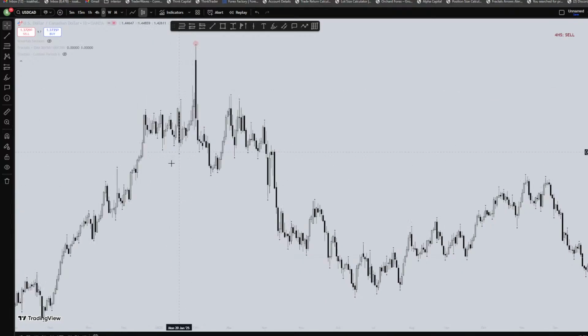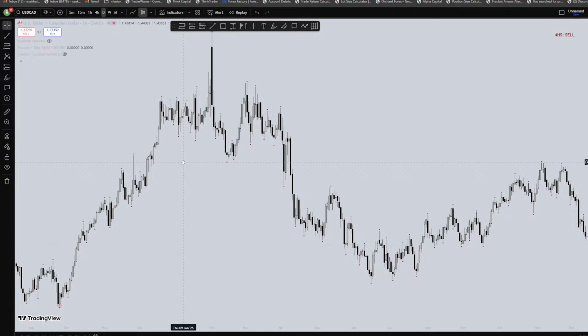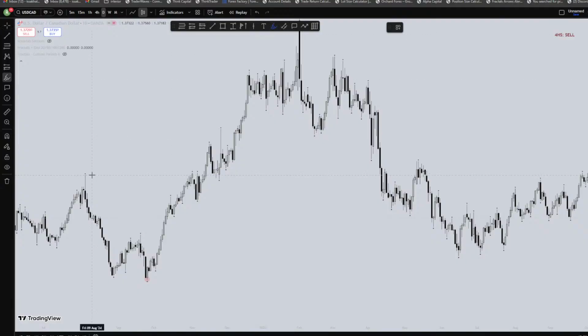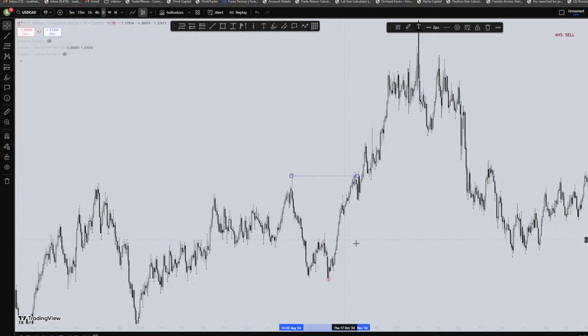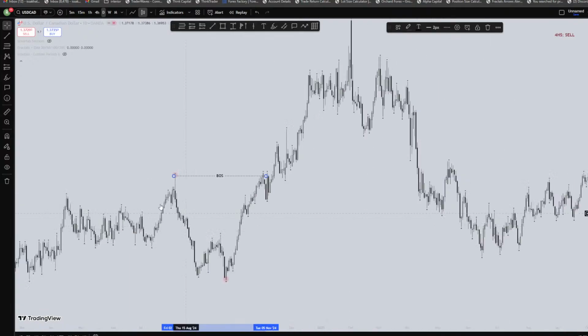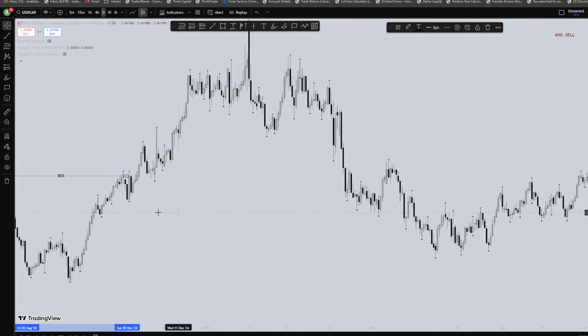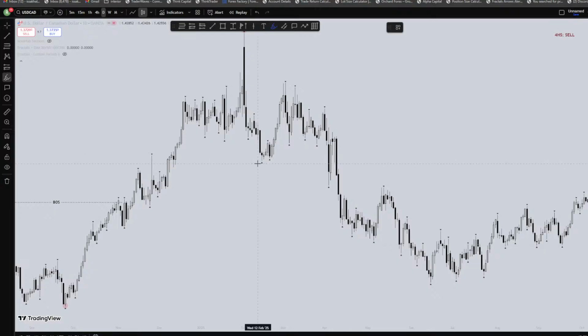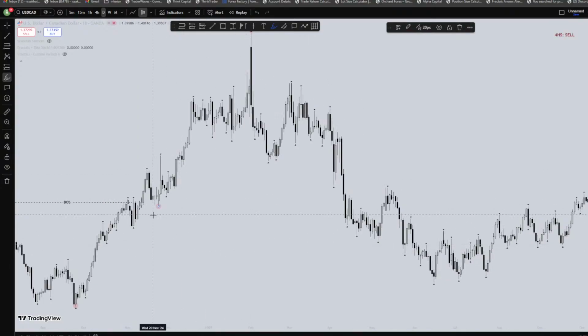But as we wait, we see, looking back, do we have after this BOS so far? Yes, it's just rallied upwards, consolidated. Now consolidations, we're looking at this.